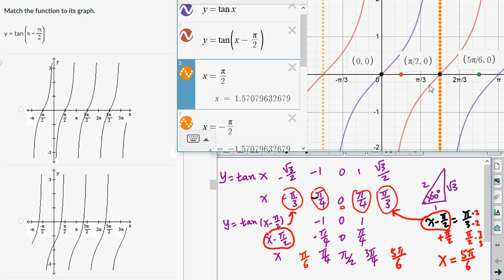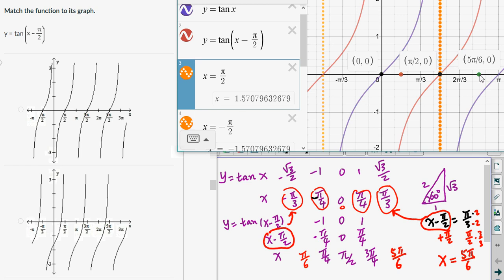Downstairs is 6. So 3 pi over 6 is just 1/2 pi. Again, the distance is pi over 2. So minus pi over 2 tells us the picture is shifted to the right-hand side by pi over 2 units.